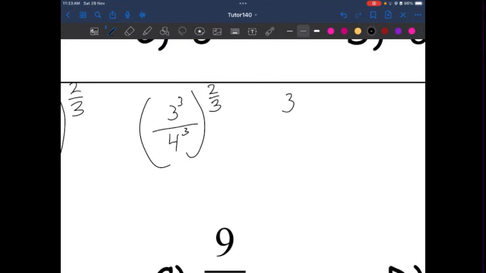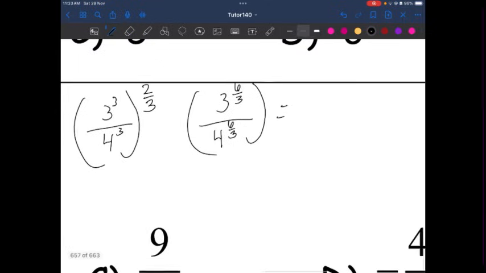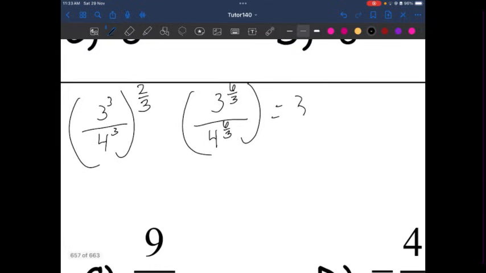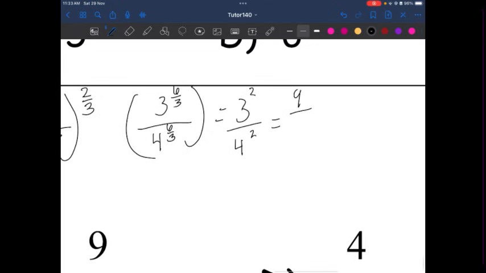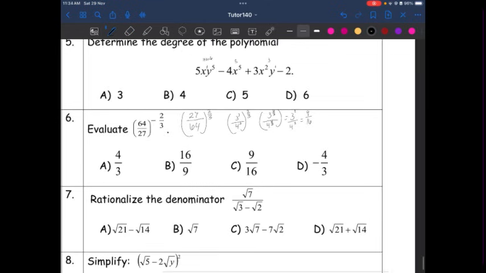So we have 3 to the power of 6 over 3 over 4 to the power of 6 over 3. We could simplify it. 6 divided by 3 is 2, so that's 3 to the power 2 and then 4 to the power 2. 3 squared is 9, and 4 squared is 16. So we have 9 over 16, and that is C.